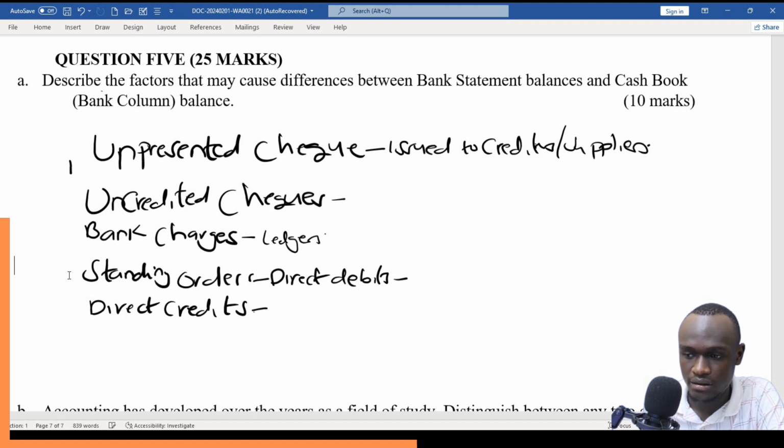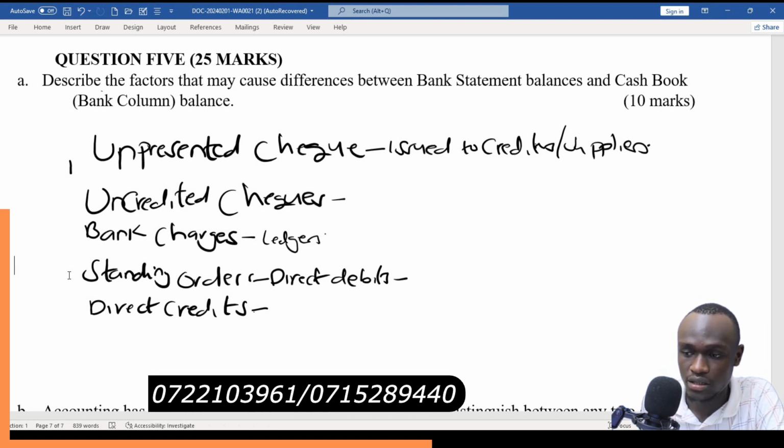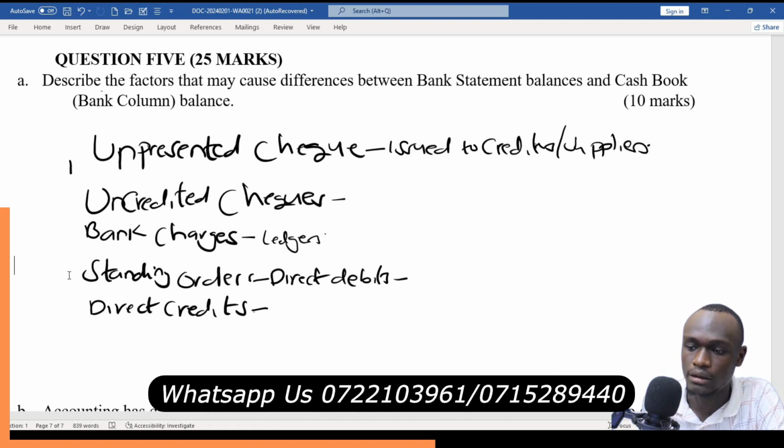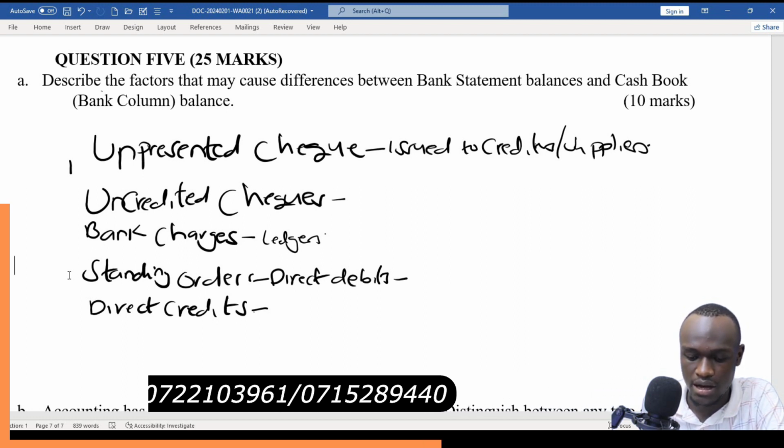Next is direct credits. Direct credit is when a customer pays directly to the bank without informing the business. So the bank will record the transaction, but the accountant will not record it in the cash book.